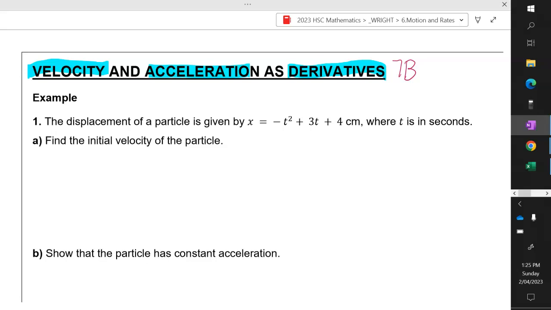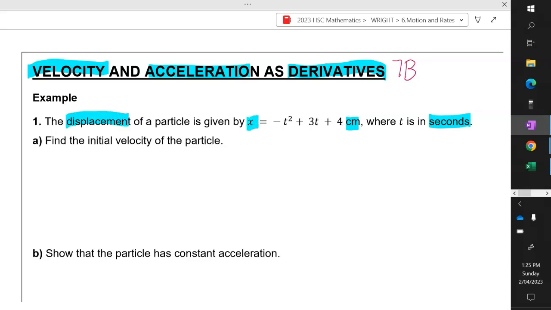In example 1 it says, the displacement of a particle is given by x is equal to minus t squared plus 3t plus 4 centimeters, where t is in seconds. So in this case, we're looking at centimeters and seconds, so our unit of measurement will be centimeters per second. This is the displacement of the particle.